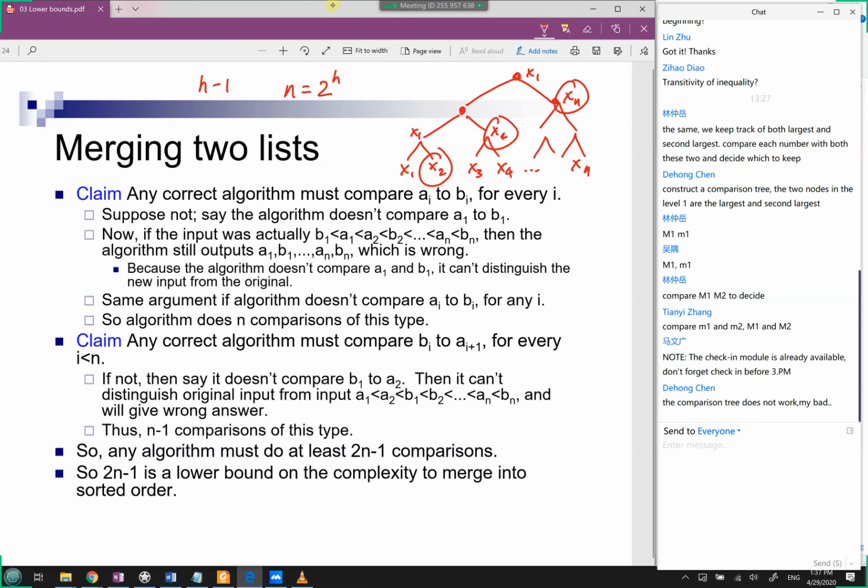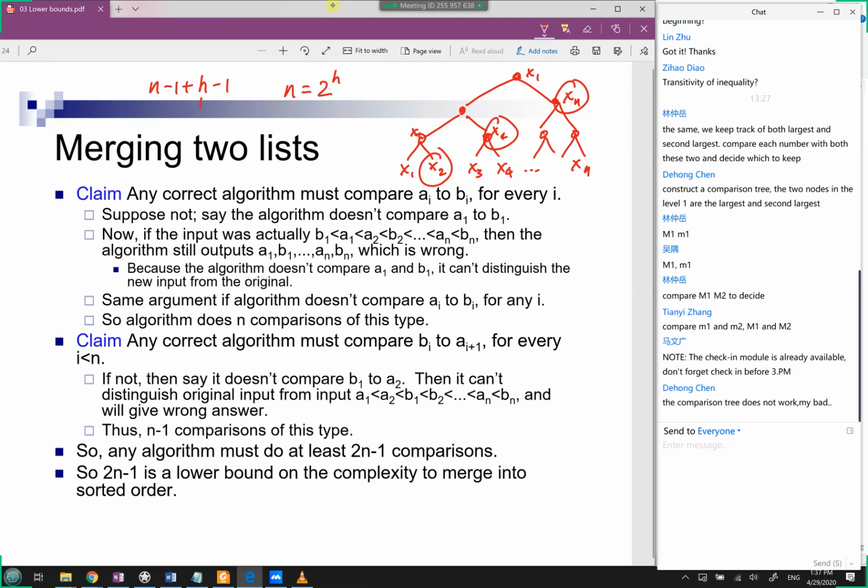And that's on top of all the comparisons we did to find the maximum value, which is x1. If you just count up how many comparisons you did, these are all of the internal nodes in the tournament tree, and there are n minus 1 of those nodes. So the total number of comparisons is going to be n minus 1 plus h minus 1.